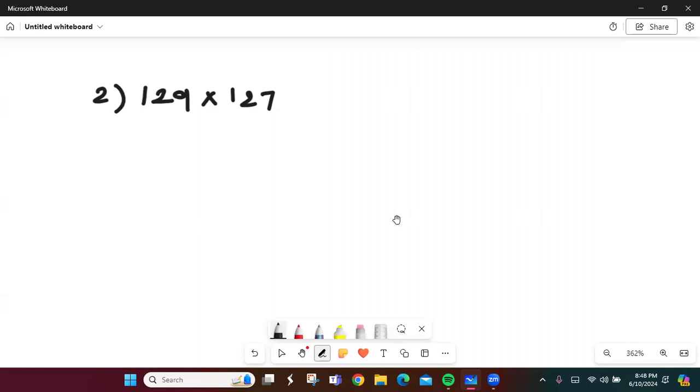Now keep two things in mind. Taking 100 as the base, if I do the calculations, surely it will be a bit difficult. Secondly, there is no multiple of 100 which is closer to these two numbers than 100 itself. And hence, instead of taking 100 as the standard base, I will take the standard base as 10.